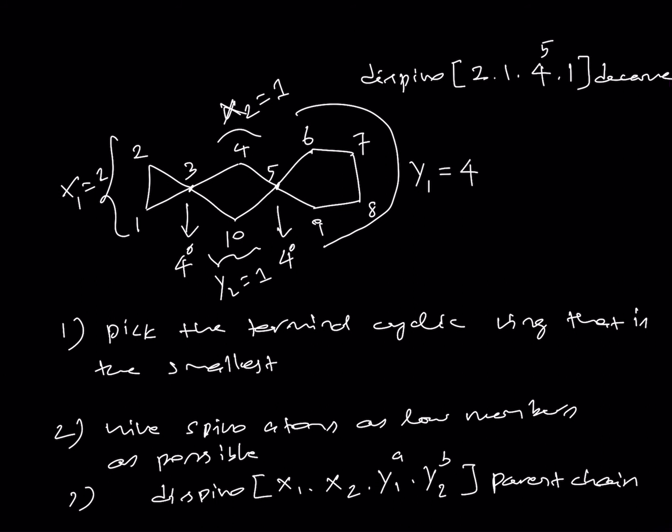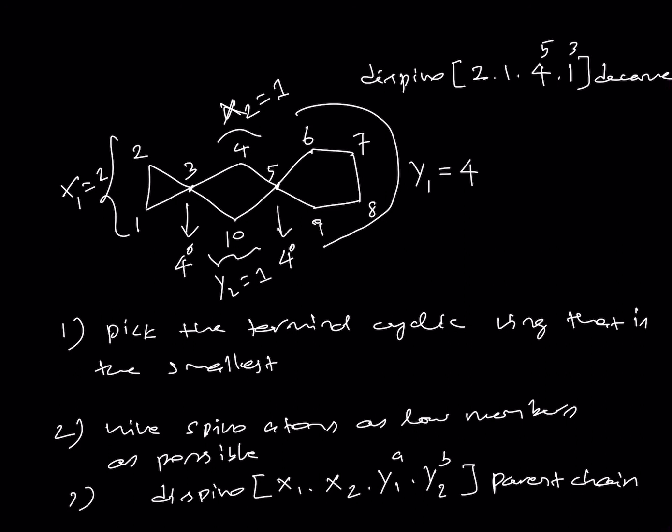And then where is y2? It is joining at 3. So that number you need to keep. So the correct IUPAC name for this is dispiro, then open the square brackets, 2.1.4 with superscript 5, then .1 with superscript 3, then close the bracket and then decane. So that's the correct IUPAC name for this molecule.